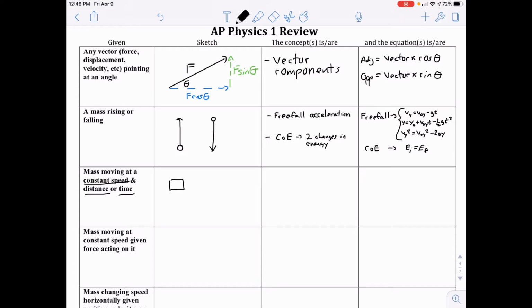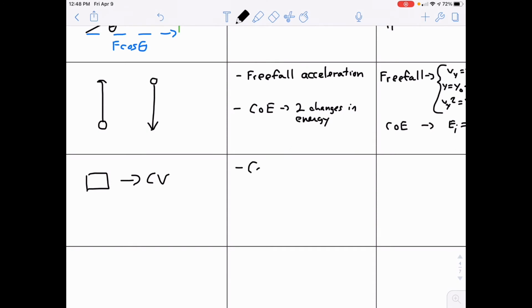So if you're moving a mass at a constant velocity, that would either be a constant speed or velocity concept, or it could be an average speed or an average velocity concept.